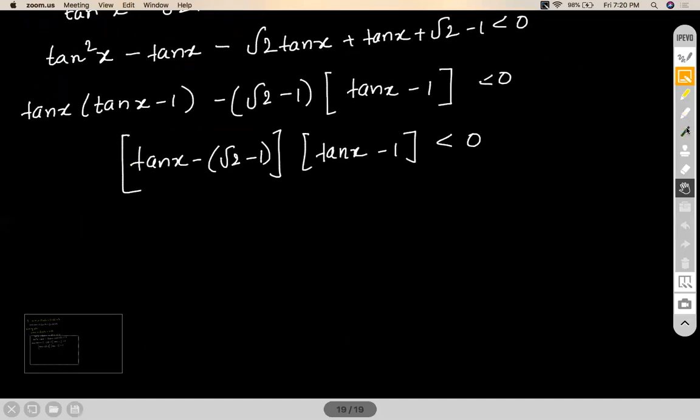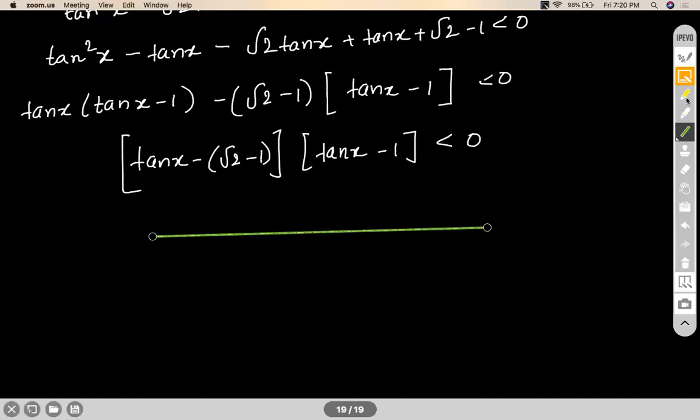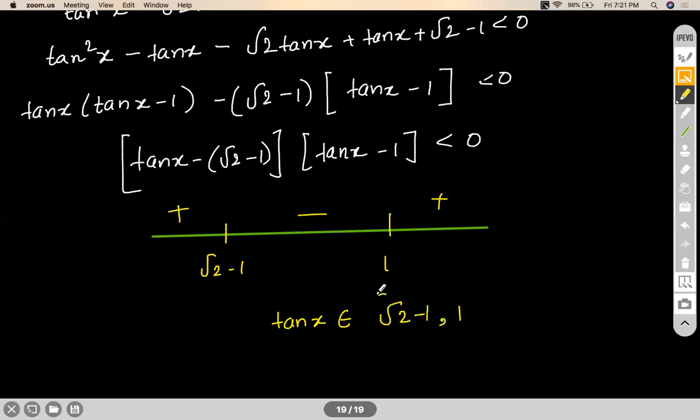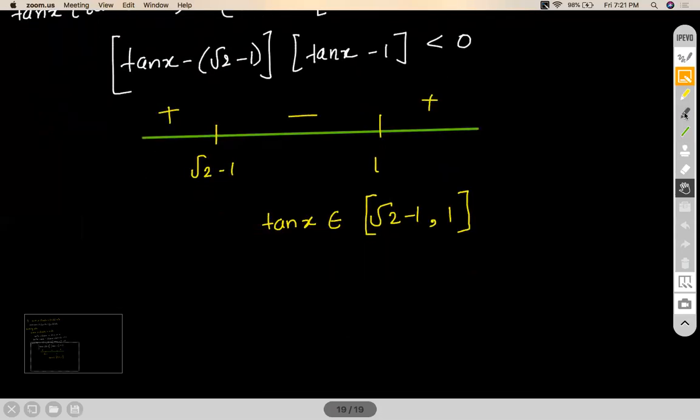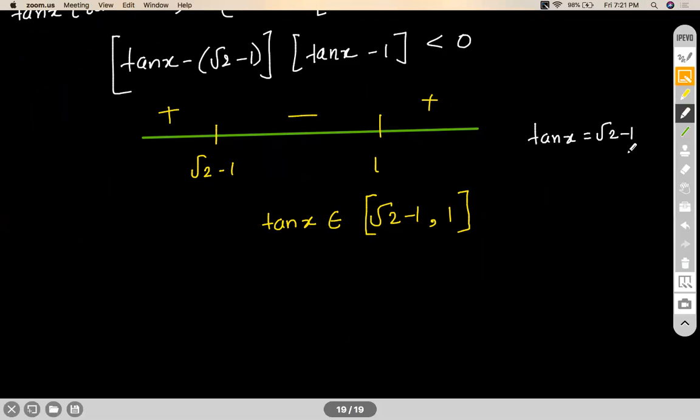Okay. Now if you make a wavy curve for the same, root 2 minus 1 is here, 1 is here, plus minus plus. So your tan x should lie between root 2 minus 1 to 1. Now, if you remember your submultiple angle identities, when does tan x become root 2 minus 1? Does anybody know this value? When x is?